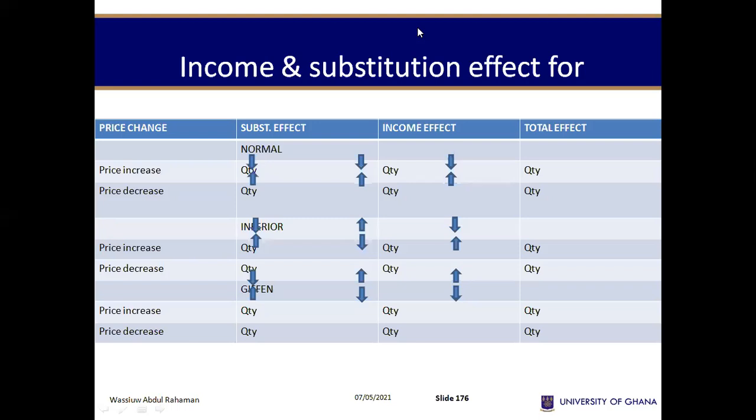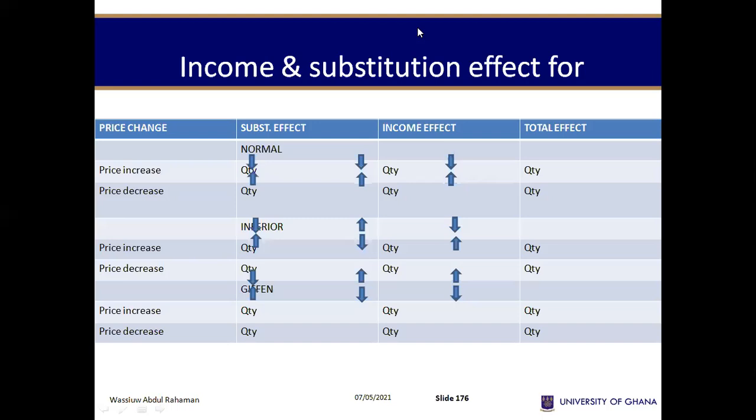And then we went ahead to look at two things, the price consumption curve and also the income consumption curve. So we explained what a price consumption curve is. It's just a line that traces new equilibrium points when the price of the commodity changes. We looked at the fact that the shape of the PCC will be dependent on the relationship between the two commodities, whether they are substitutes or complements.